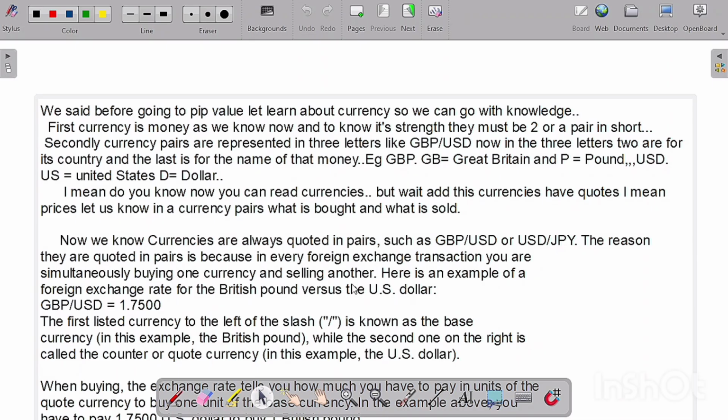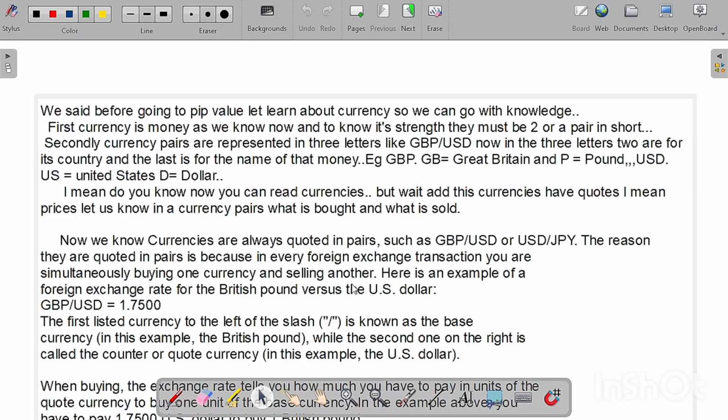Before we go to pip value, we said we wanna look at how to read currency and quotes because it is very important. This was popping out as we were learning about currency pairs, what pips are and what lots are. When this system came into banks, banks deal with money, and money is one currency against the other.